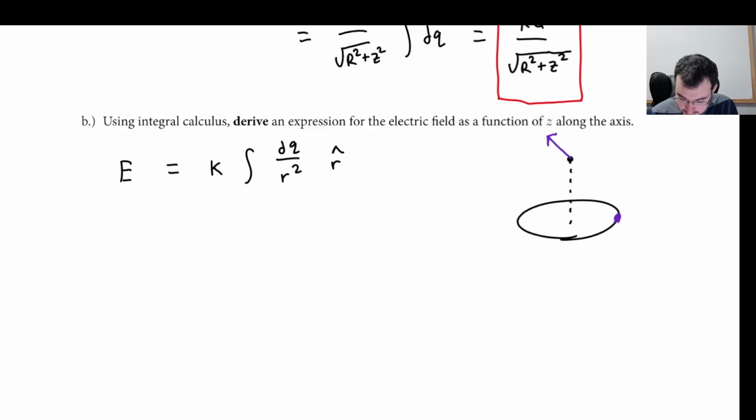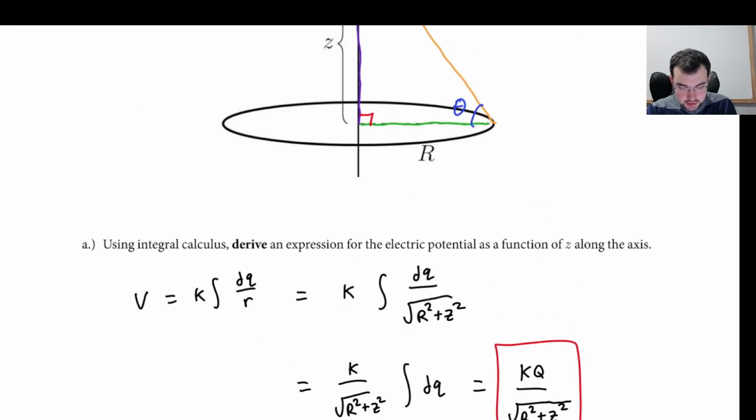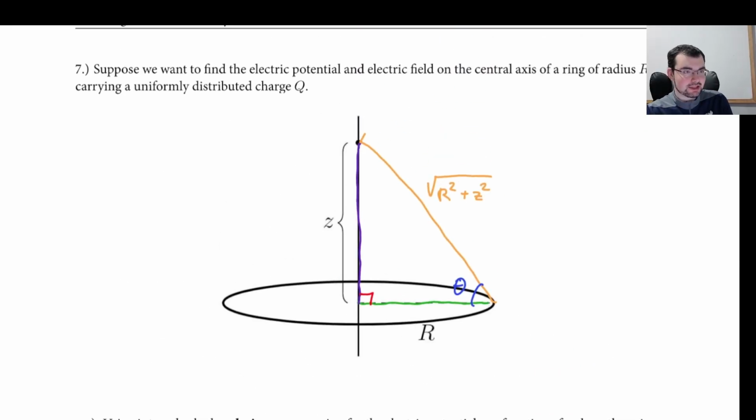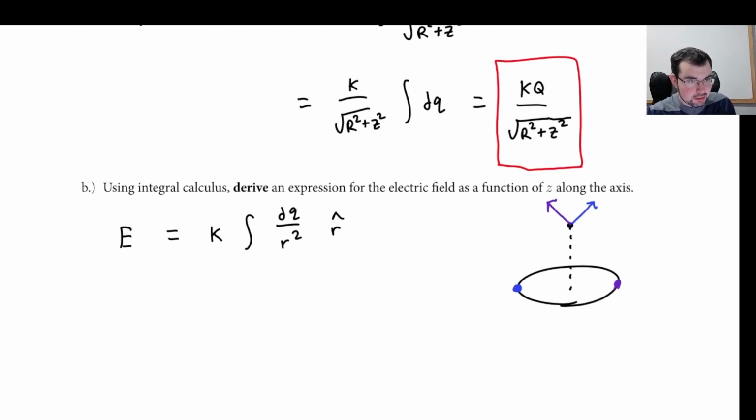And if I go directly to the other side of the ring, this blue point, that's going to direct a field this way. So we actually just want the vertical component again, because by symmetry, there shouldn't be anything going on in X and Y, because the loop is symmetric about the origin. So it makes sense that the only component we want is actually the Z component.